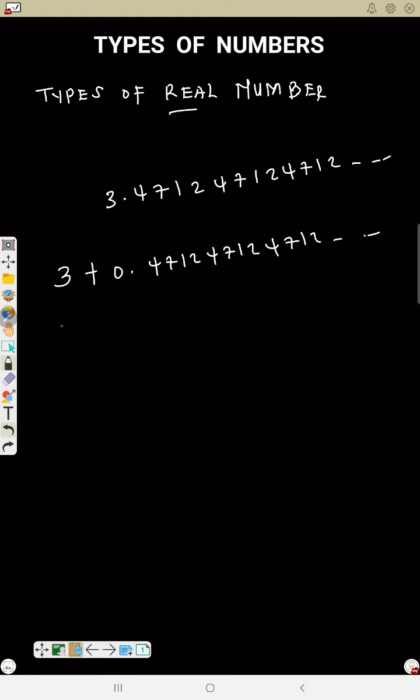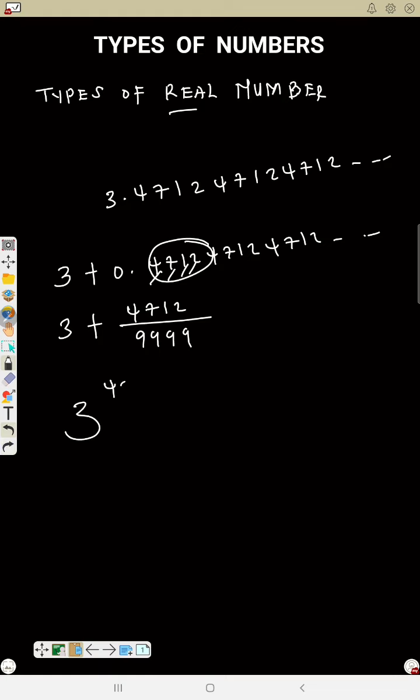So now this will become 3 plus, now you have 4712 repeating, divided by how many? 1 2 3 4. So you have 9 nines, 4 nines, like that. So this is 3 whole number 4712 divided by 9999. So that is how you can change a recurring decimal to fraction.